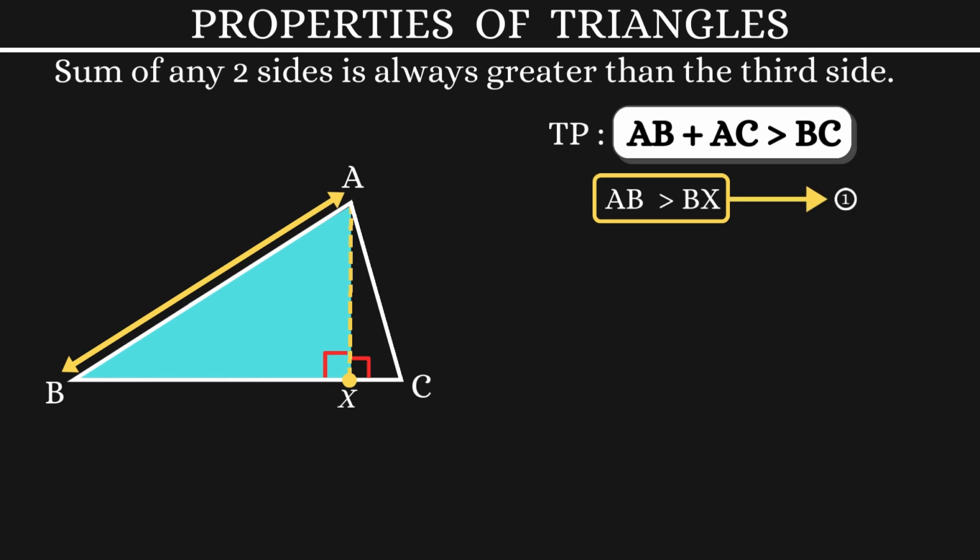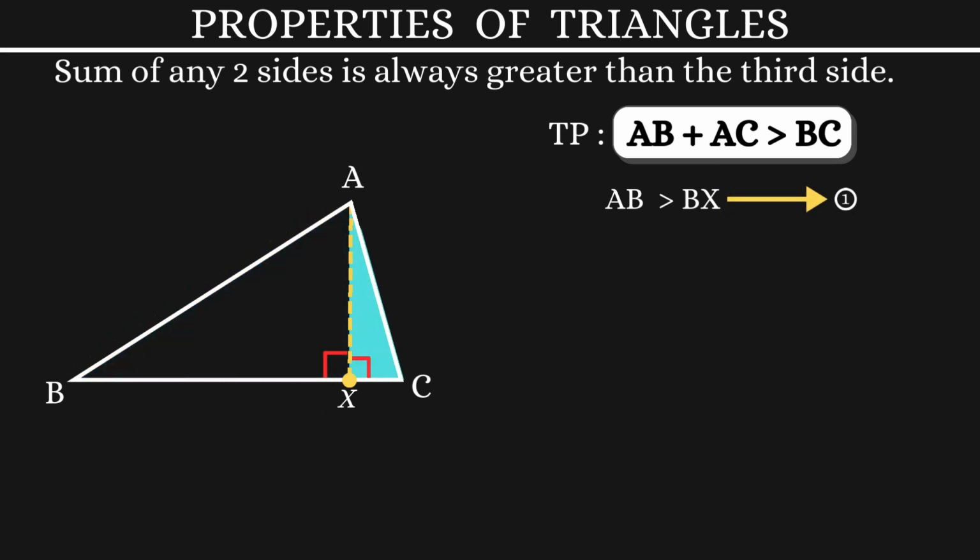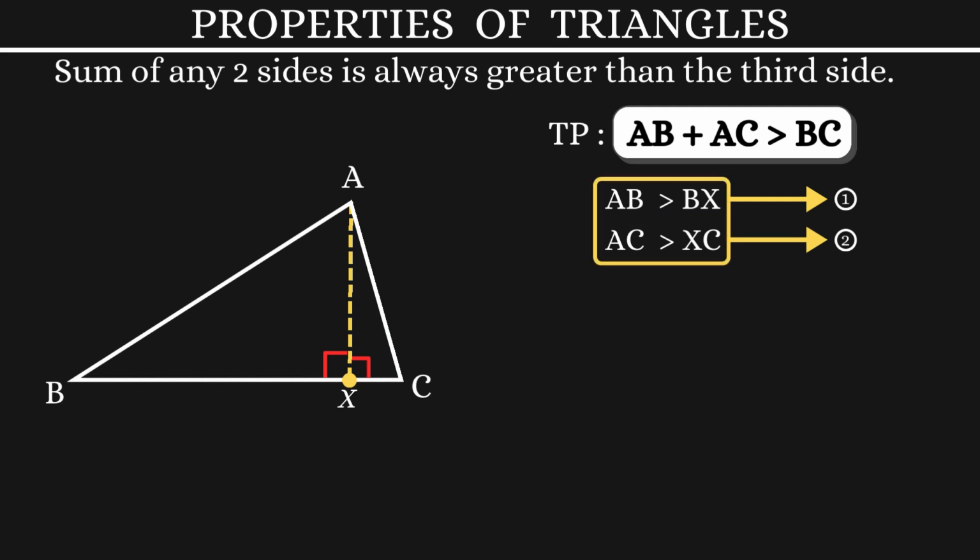Similarly, in triangle AXC, the side AC is greater than the side XC. Let's mark this as 2. Now, let's add these two inequalities. AB plus AC is greater than BX plus XC.